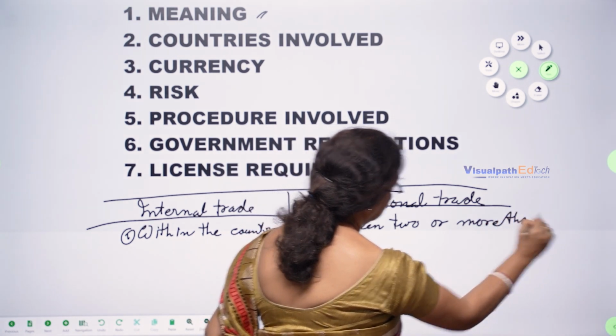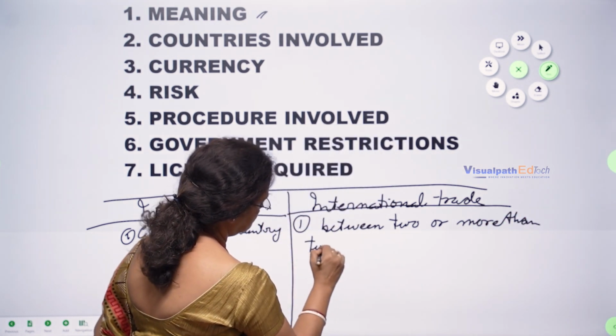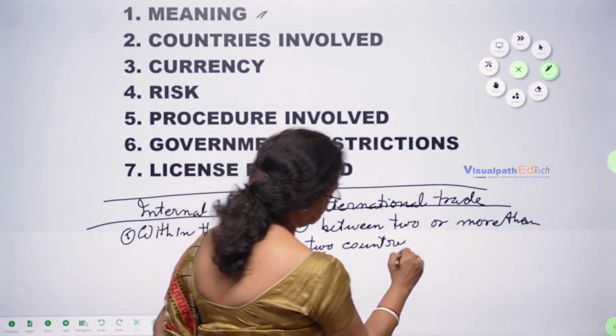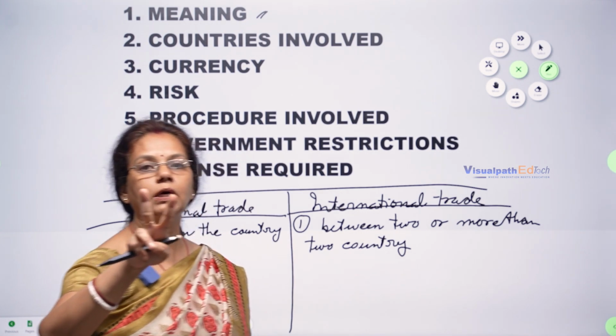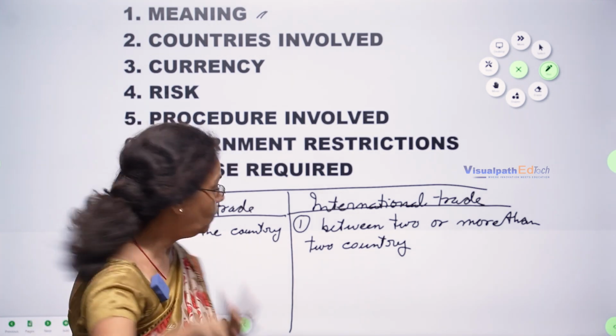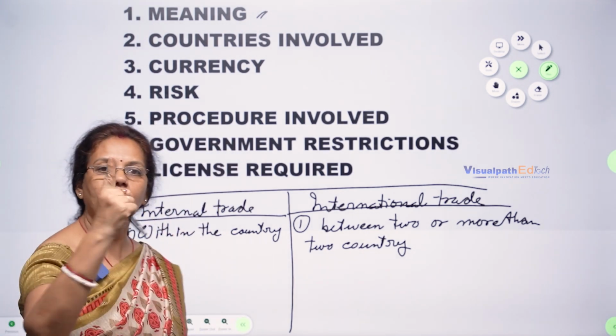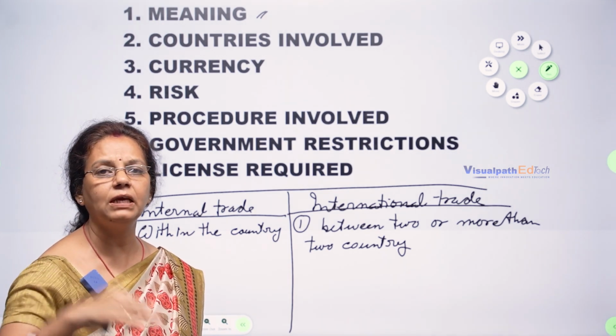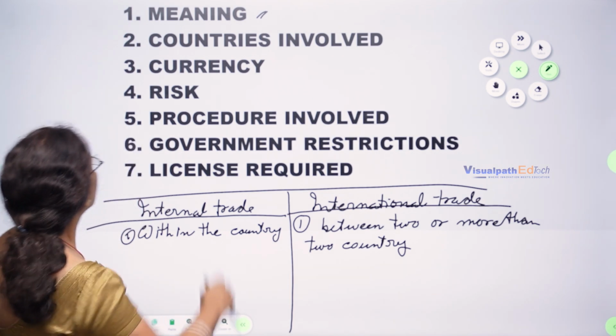So there must be two countries for international trade, whereas for internal trade only one country is required. Within that country, place to place, they may interchange the goods.